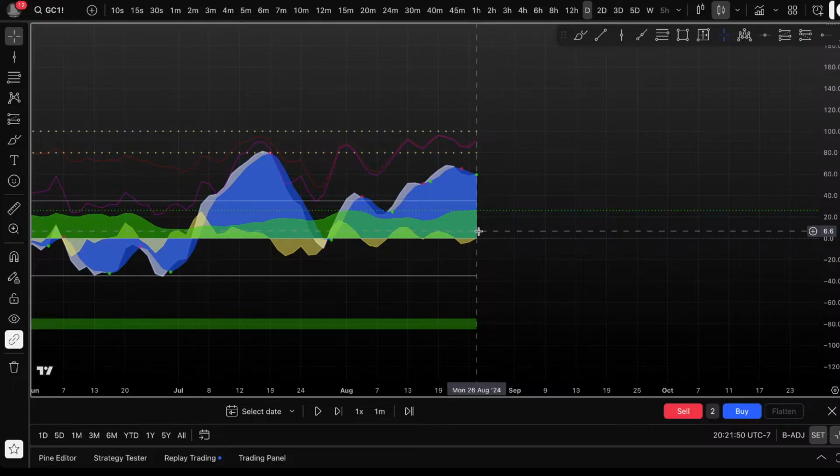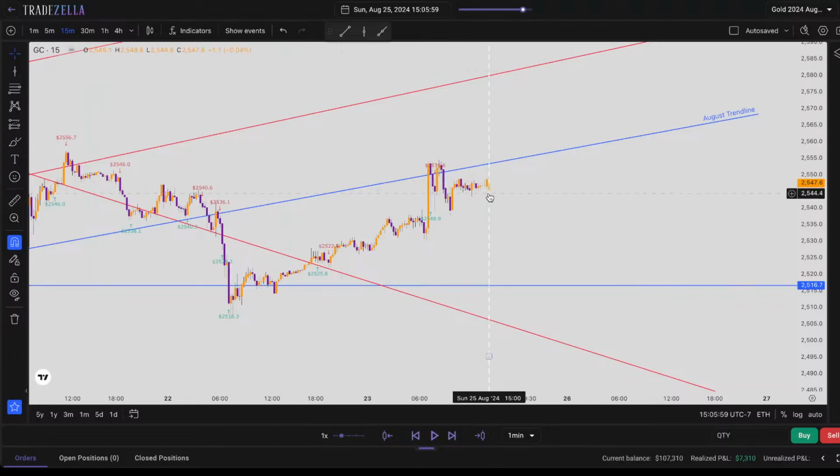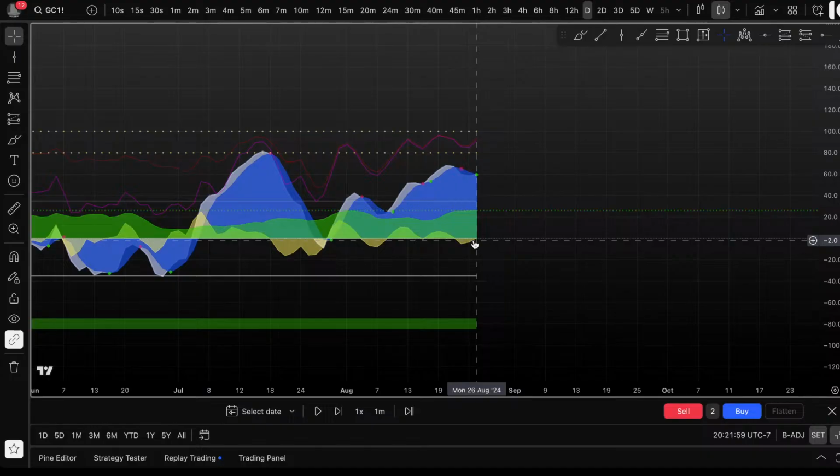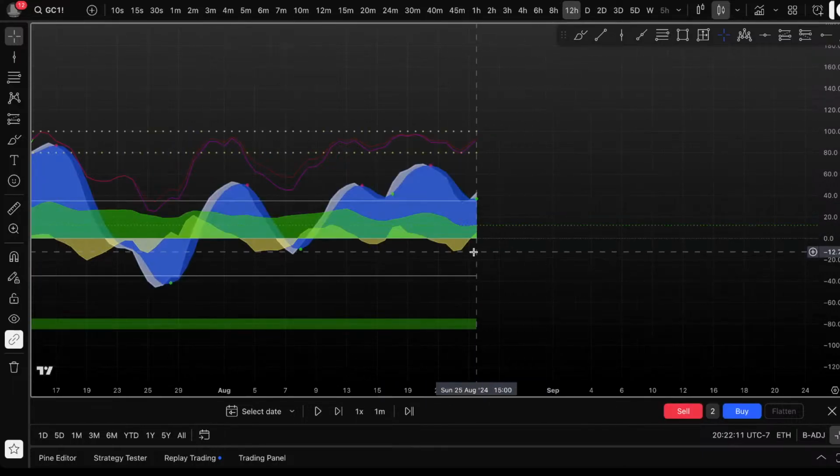Daily's bullish, folks. Monday, the 26th. Sunday, Monday, the 26th. It just hops from Friday to Monday. What happened to Sunday? Here we go.